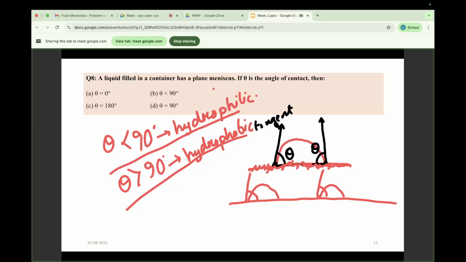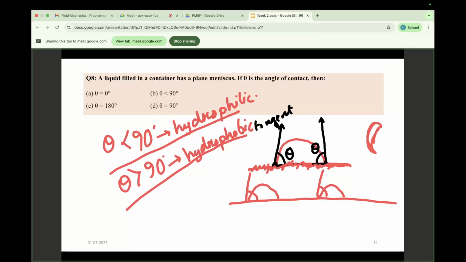So here the question is about a plane meniscus. Less than 90 degrees. Yes, I am explaining this thing. I need an example to show the meniscus. You have seen a spectacle lens, right?